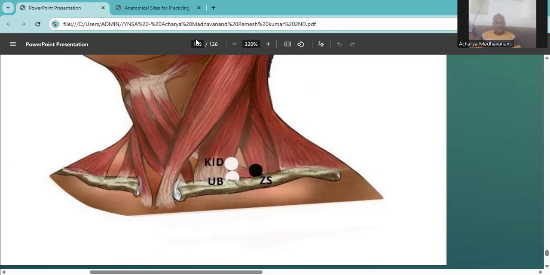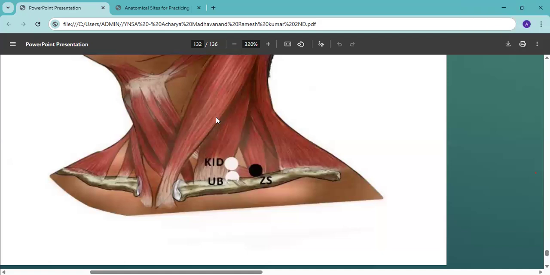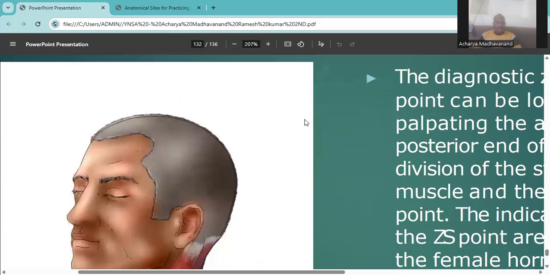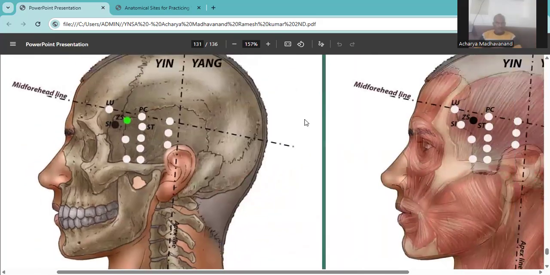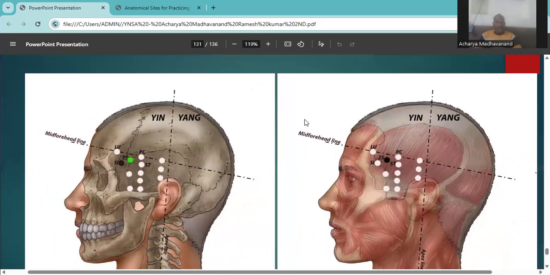Do you understand this point? Yes, sir. Then go to the previous one. See here the green dotted point and black dotted point.